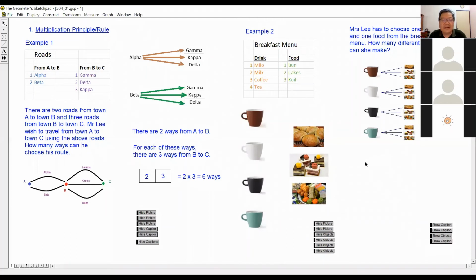Now I might ask another girl. Qian Tong, how many ways? Cannot talk, then you just type on the screen. How many ways can she have her breakfast?